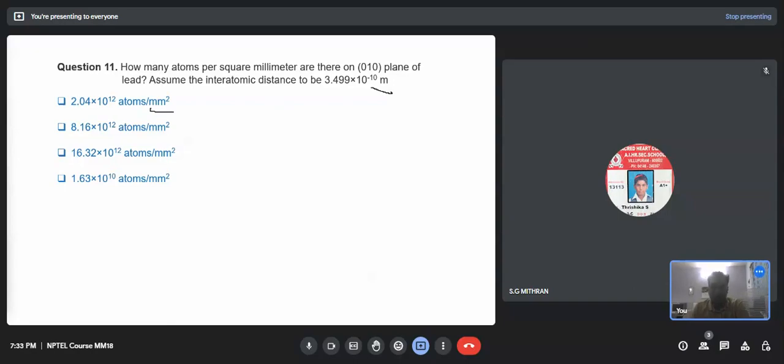Okay, so first we have to see what the crystal structure is. So the cell for lead is BCC. Okay, you have to find this out by yourself.